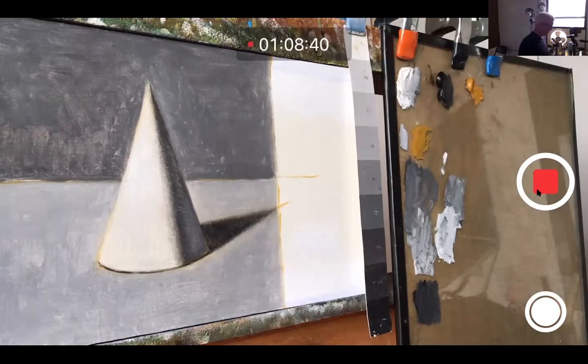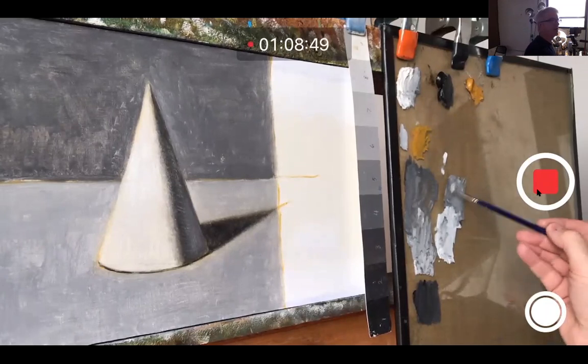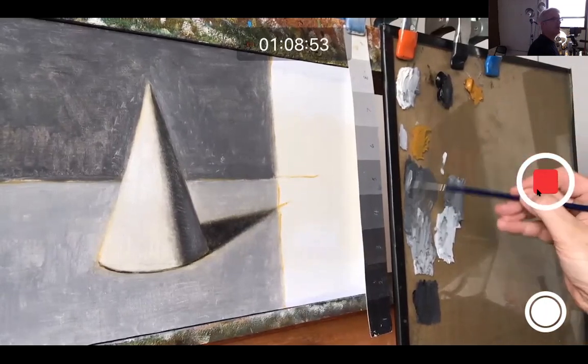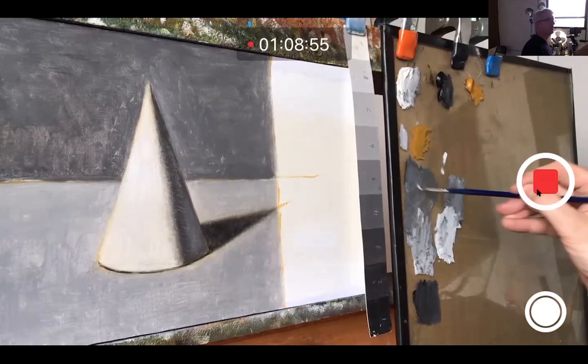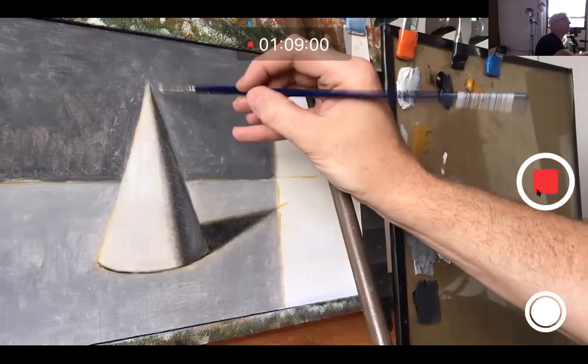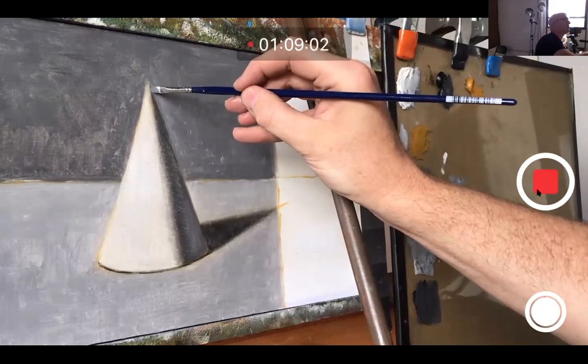So, and people can probably hear me tapping my brush on the mineral spirits jar. So I'm constantly cleaning my brush. I don't want to be using a dirty brush to lay in each of these different value transitions.